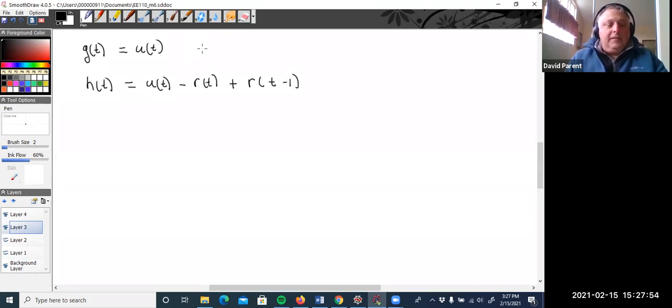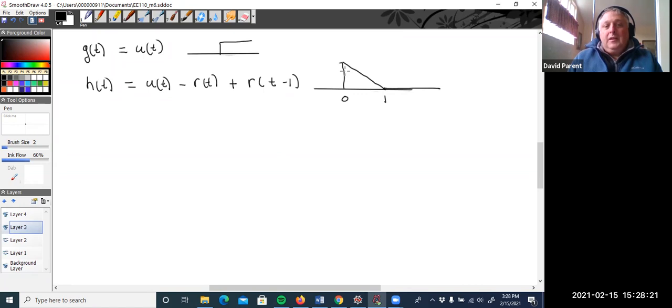It's always good to plot things just to get an idea. All right. So that's a step. I step up, but at the same time, I start going down with a slope of 1. And then the two slopes cancel each other out at time equals 1. So I have a triangle.